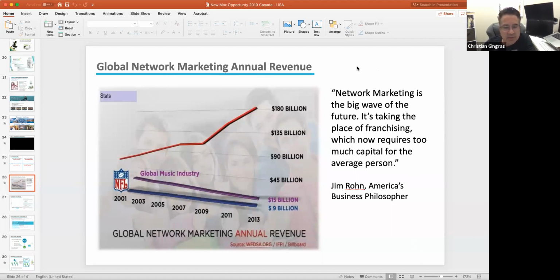From 2003 to 2013, the network marketing annual revenue is up to $180 billion in sales. It grew by 90 billion in 10 years. This is significant. Now, today, the global music industry and the professional sport industry has increased, so it has flatlined. So it's not going down anymore.